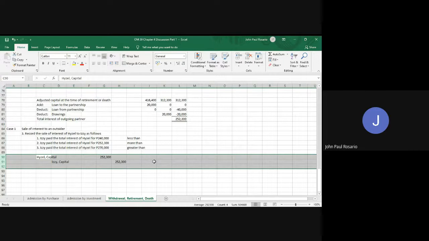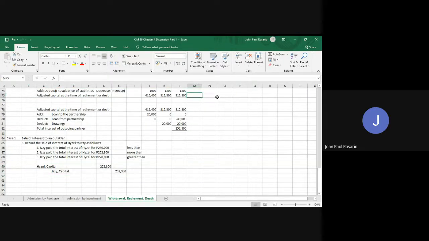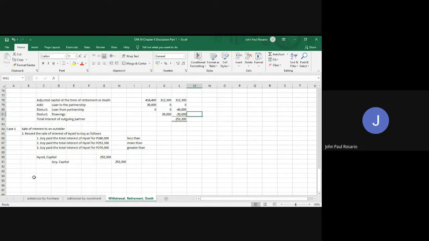And if you think about it, it went from 312,300 to 252,300, a difference of 60,000. Now, remember that Hazel has a loan from the partnership and drawings of 40,000 and 20,000. So with that, you can close her account.